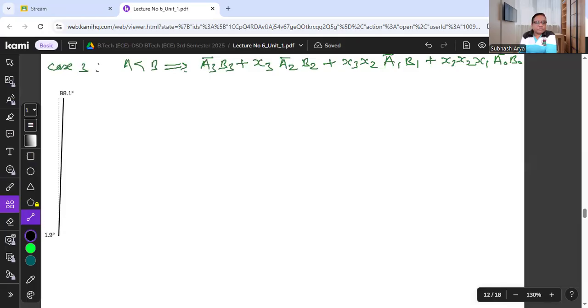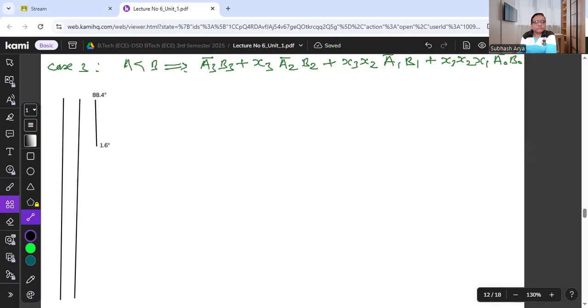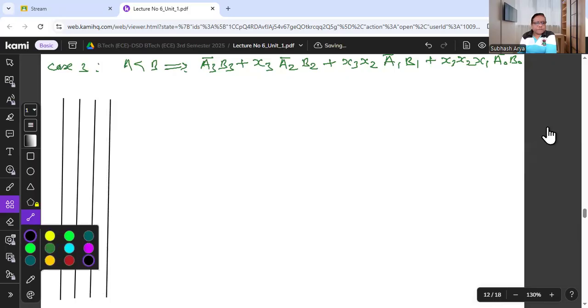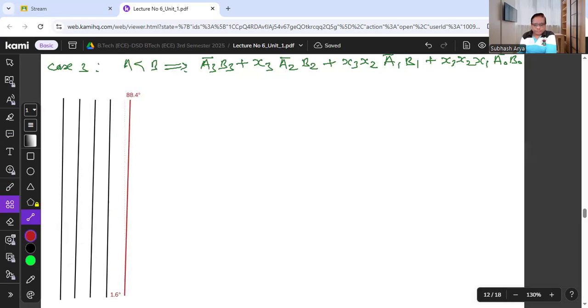These will be A0, A1, A2, A3, and here B0, B1, B2, B3.